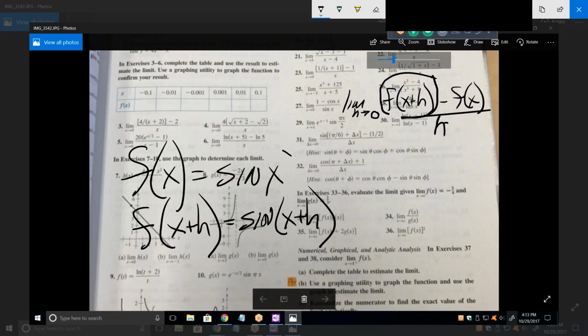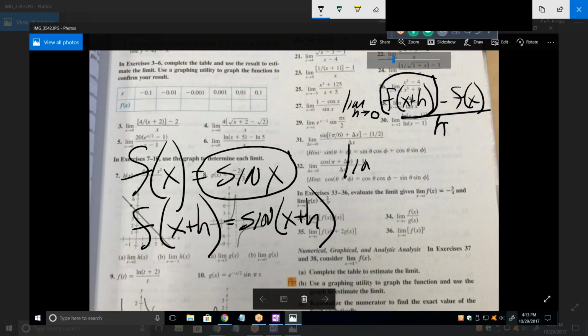Now, if that was true, I'm thinking for a moment. They actually give you a second definition for the first derivative, do they not?